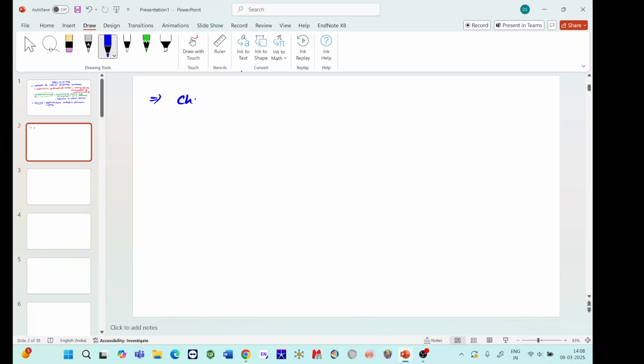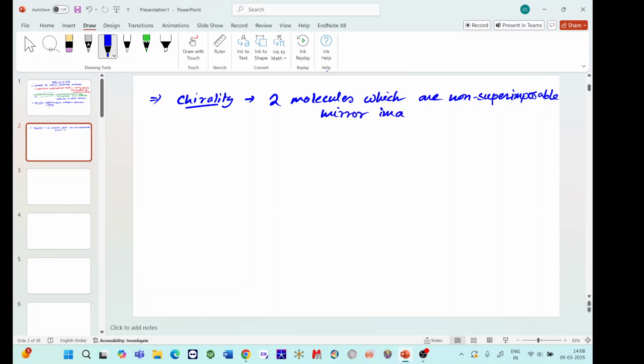Chirality is a term where you have two molecules which are non-superimposable mirror images of each other.